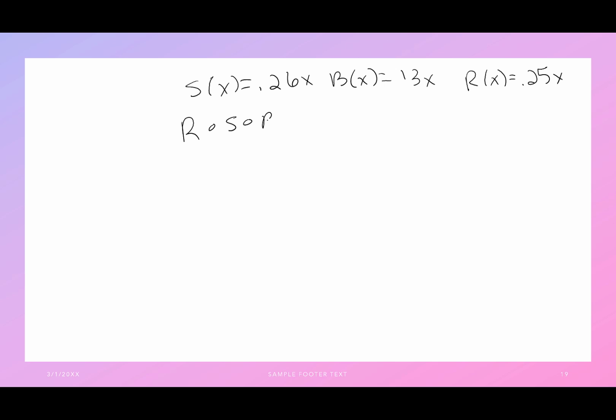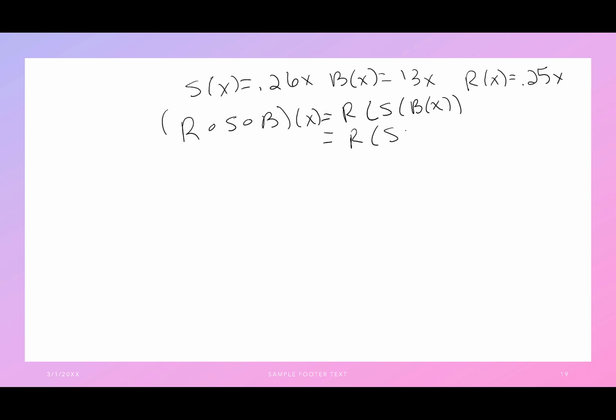What is the Rathskeller getting out of it? Well, we said that S of x is 0.21x, B of x is 13x, and then R of x is 0.25x. So we put it all together. So we have R of S of B. And we kind of know the first part.